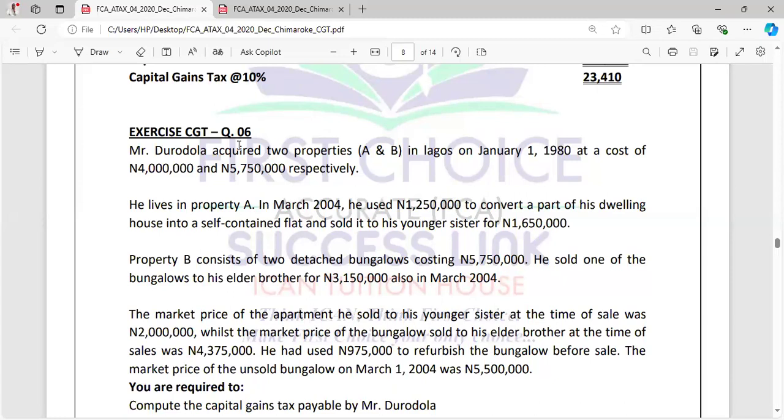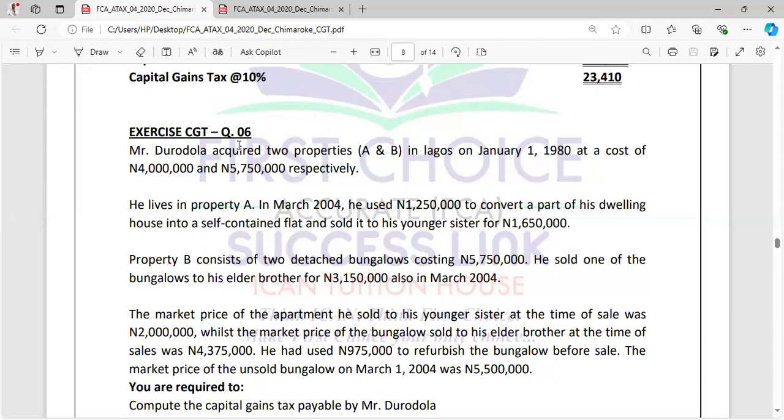Now look at part B. Property B consists of two detached bungalows costing 5,750,000. Now he's not living in there. He sold one of the bungalows to his elder brother for 3,150,000 also in March 2004.